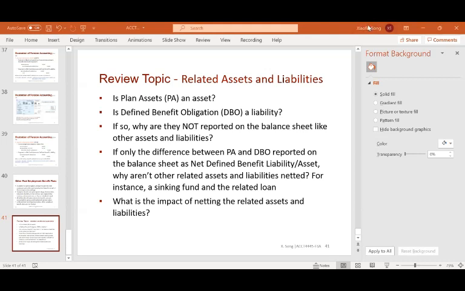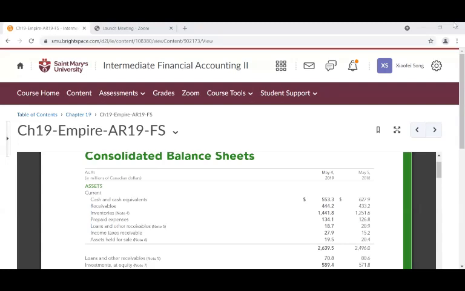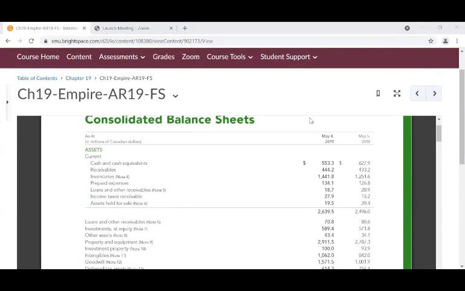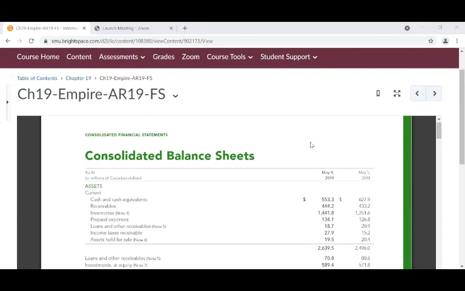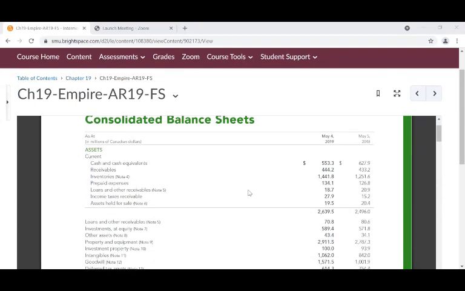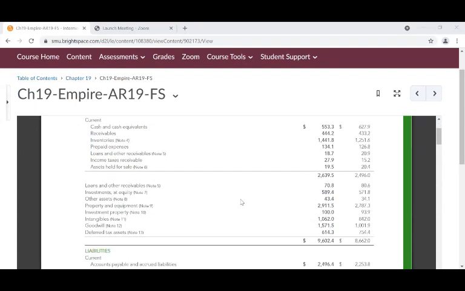Okay, so let me share with the folks online. So this is Empire Incorporated, the Sobeys parent company, right? So if you look at the balance sheet, let me see.